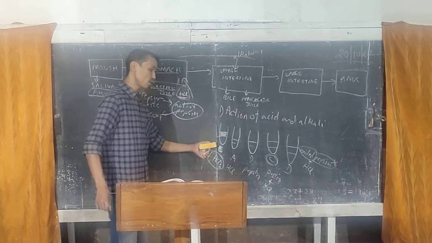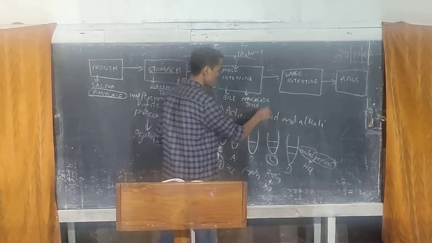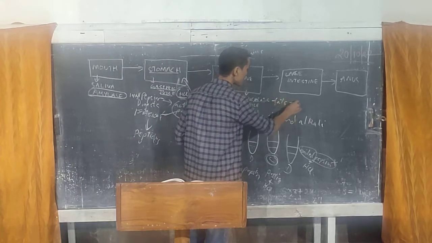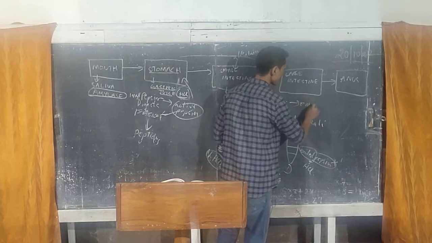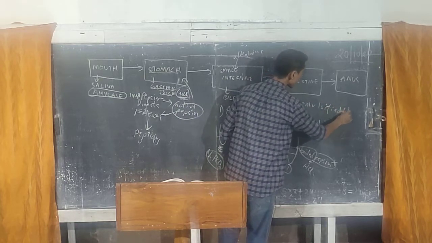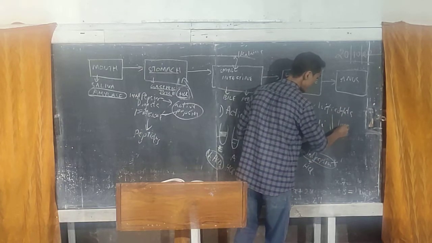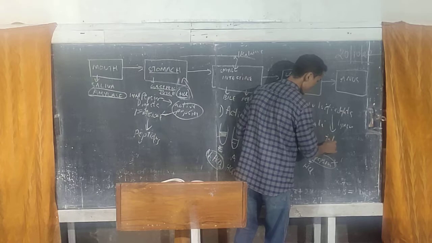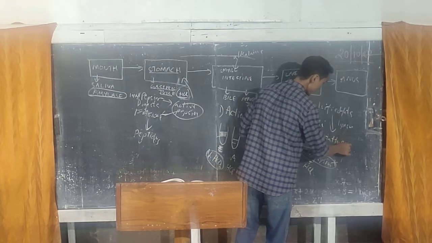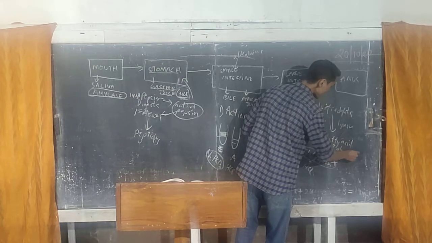But alkalinity or basicity, why is it necessary? Again in the small intestine, fats are converted into emulsified fats, which are acted upon by lipase forming fatty acid and glycerol.